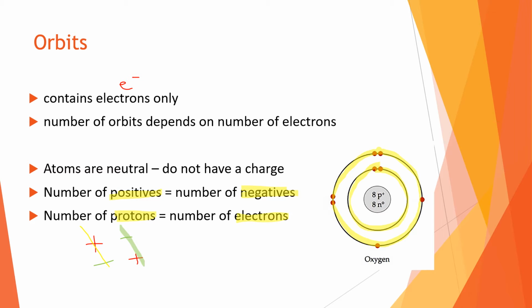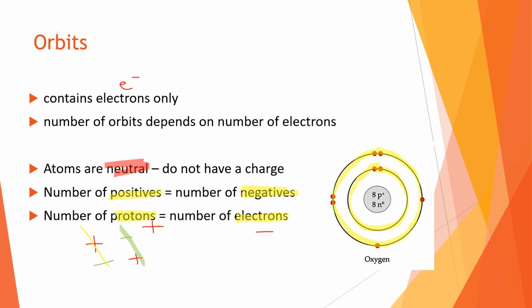Okay, so keeping in mind, protons have a positive charge, electrons have a negative charge. So atoms are neutral, they have no charge because they have the same number of protons, which have positive charges, and the same number of electrons, which have negative charges.